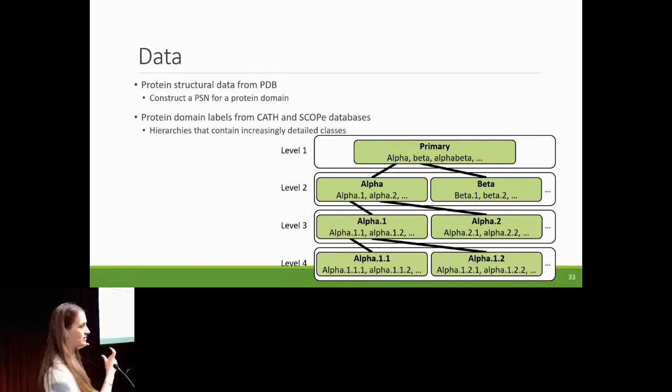Each of these green boxes we have highlighted, we call a PSN set. Each protein domain that has a level 1 label has a level 4 label as well. It's just what level of info do we use.